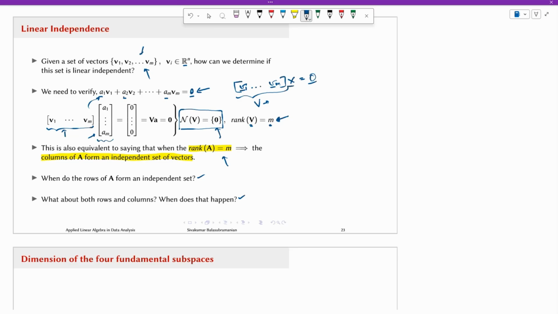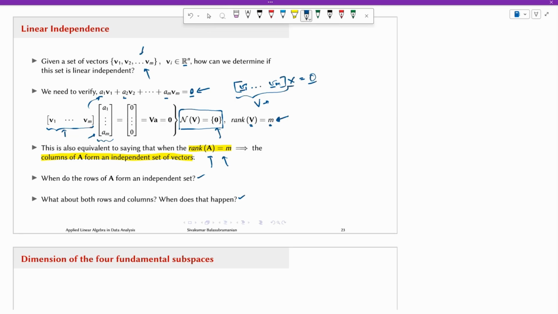No, it's the minimum of the number of columns and number of rows. No, here it's 2, right? The maximum possible is 2. But how many columns do we have? 5. That means the rank can never be 5. That means the rank can never be m. That means it has to be a linearly dependent set.